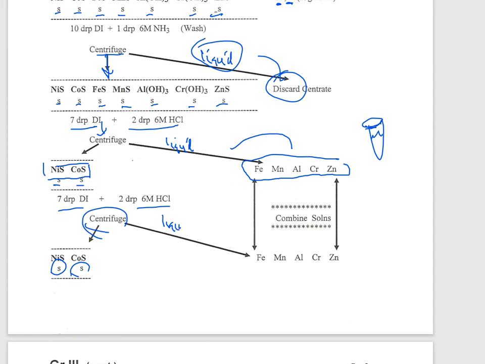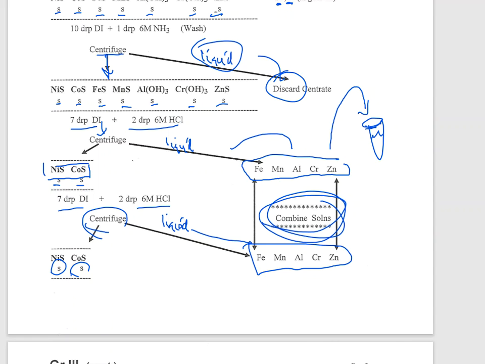But the liquid that will be above the second time will need to be combined, just to make sure that I did pull all of the other cations off of the nickel and the cobalt. That's why I did that for a second time. So you're going to combine those solutions together into the same test tube. So the first washing goes up here in the test tube, and the second washing will go into the same test tube from up above.